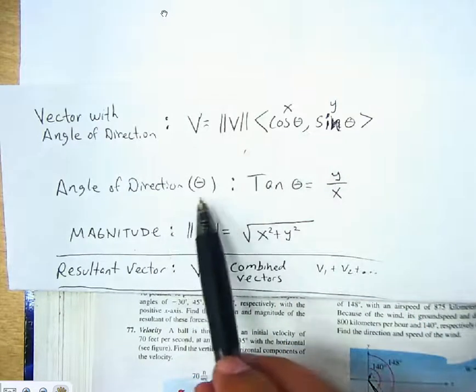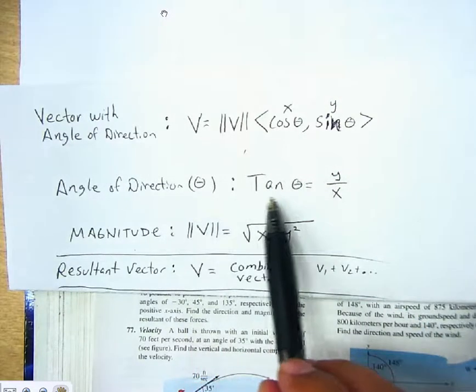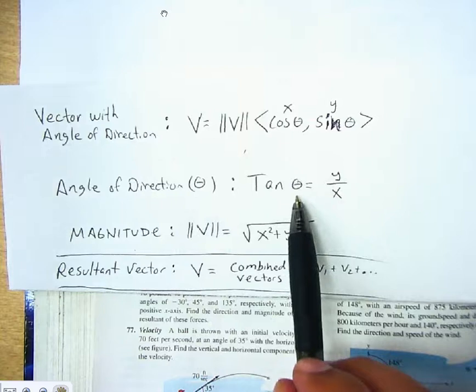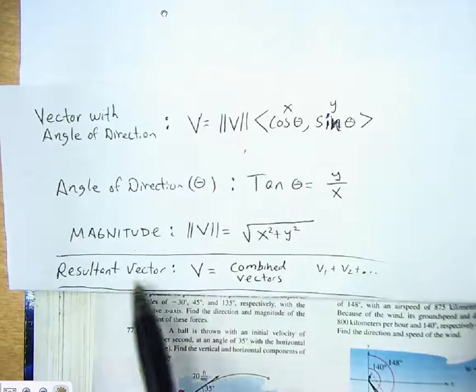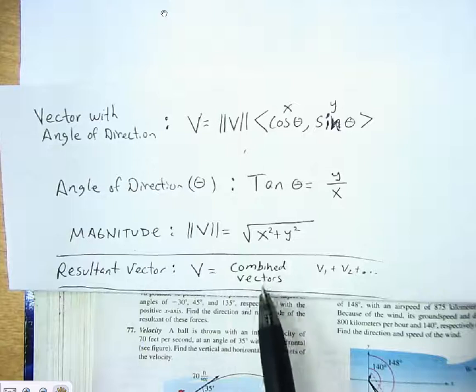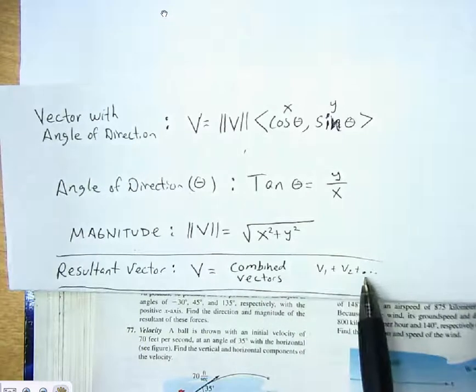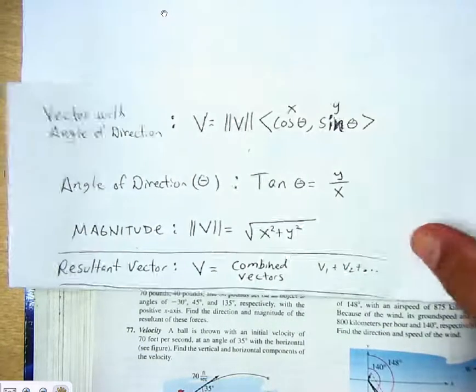And then we have the angle of direction theta. We have a formula for finding that, and the magnitude. And once again, the resultant vector is the combined vectors. Okay, so let's go back to the problem.